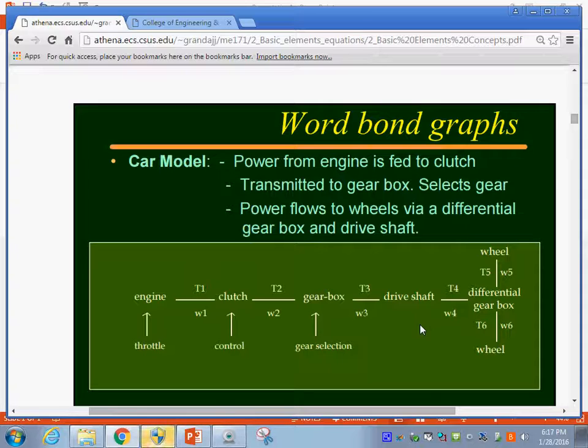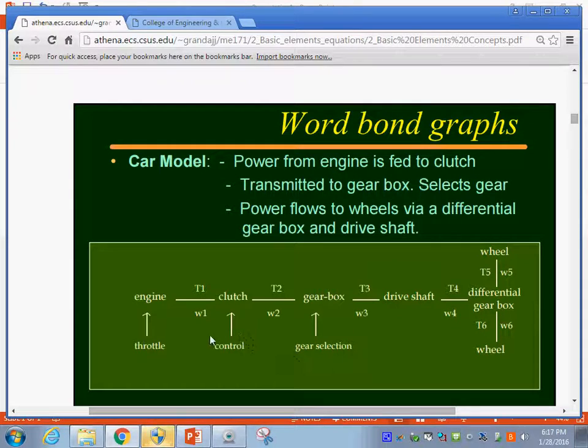We can create a language with symbols that represent each one of these elements. And by the computer recognizing how they are connected, you will be able to come up with a computer model that represents reality. So what we're doing right now is some basic models of the basic theory behind bond graph models.